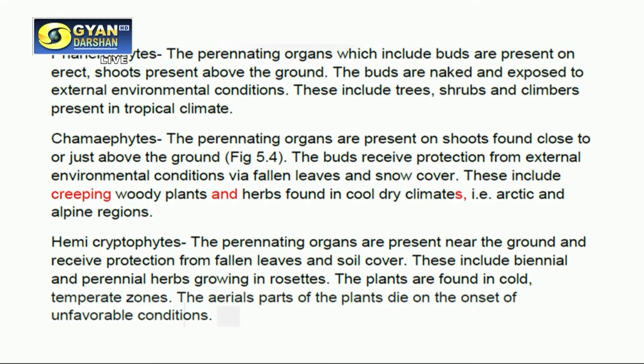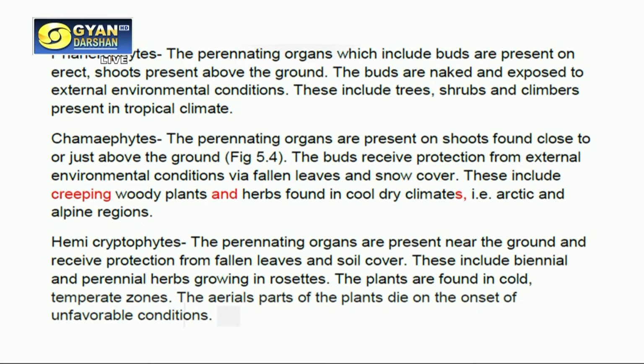Then comes chamaephytes. In chamaephytes, the perennating organs are present on shoots found close to or just above the ground. So here the perennating organs are not that high. They are present just above the ground. That is the difference. The buds receive protection from external environmental conditions by fallen leaves and snow cover.